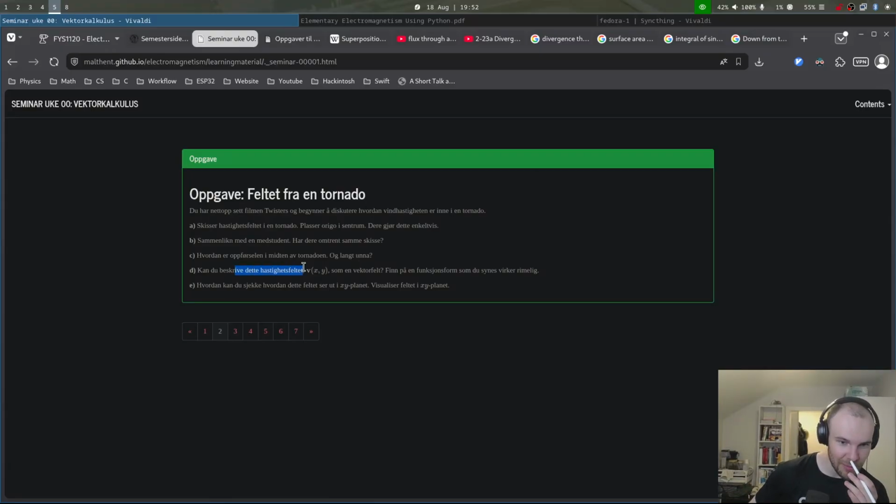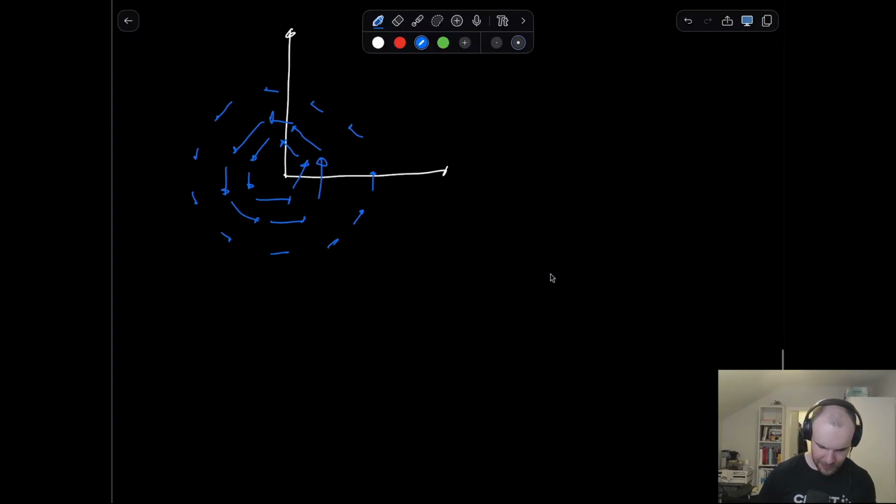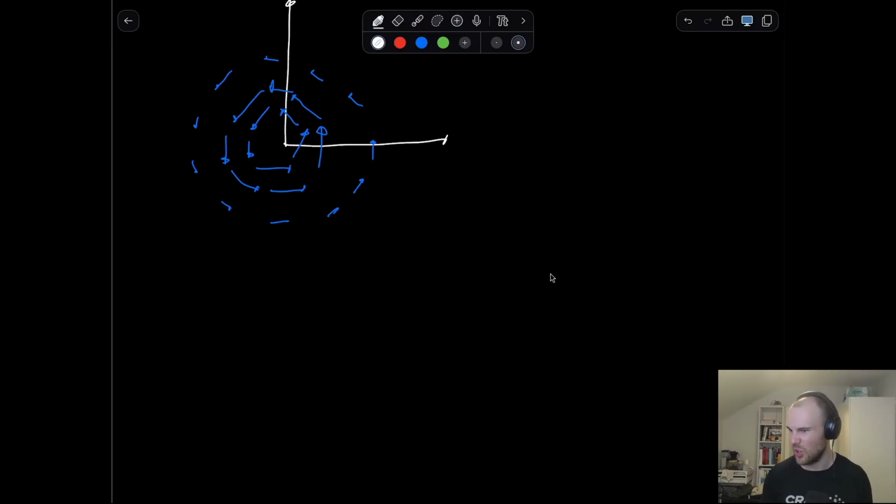Can you describe this field as a vector field? So my first idea for this is that, of course, we have Coulomb's law, so I can just use something in that ballpark. I just need it to twist in that direction. So in order for something to twist, I just need, if I said that we did minus y and then x, right?